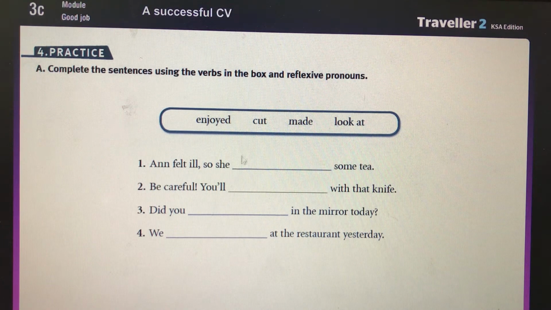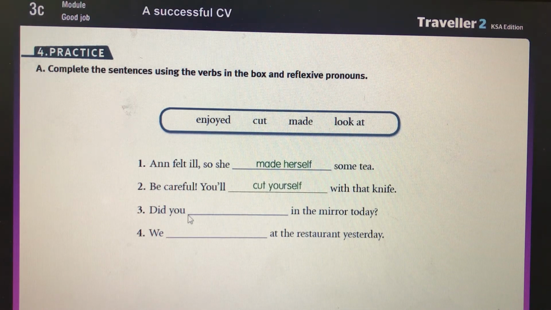So she made herself some tea. Number 2. Be careful. You'll cut yourself with that knife.